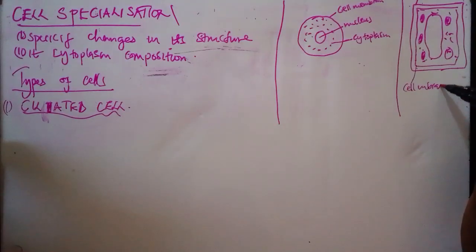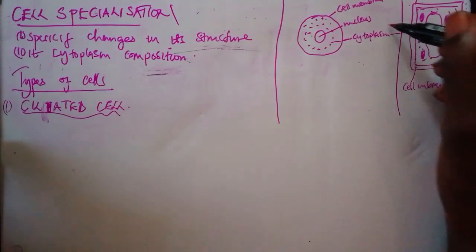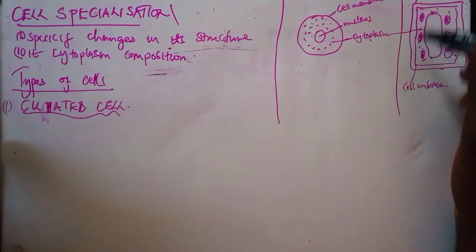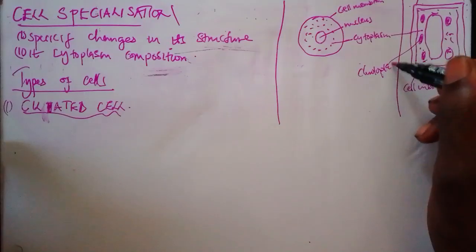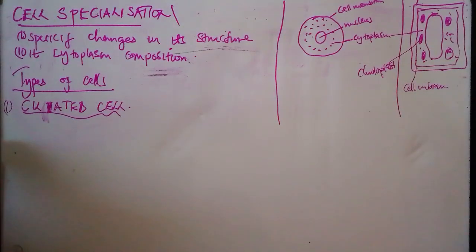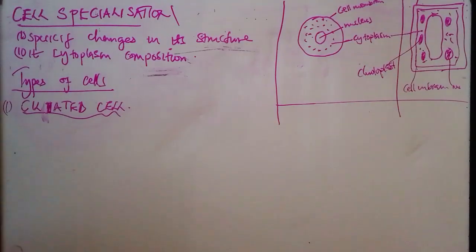We have the cytoplasm, we have the chloroplast, and finally but not the least, we have the nucleus.